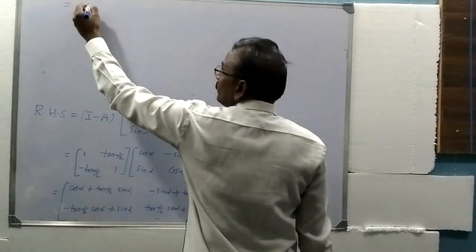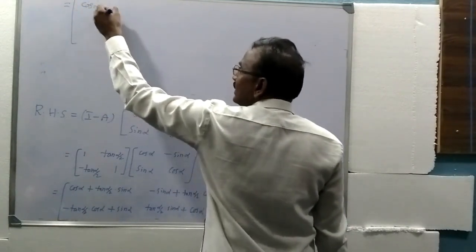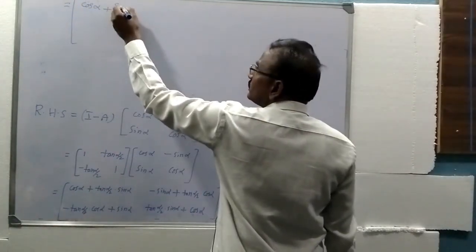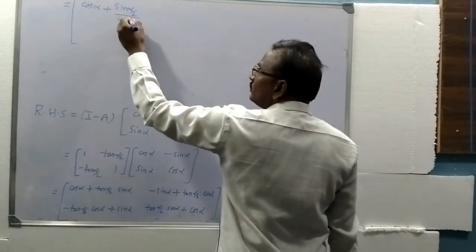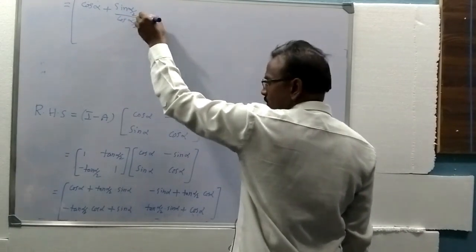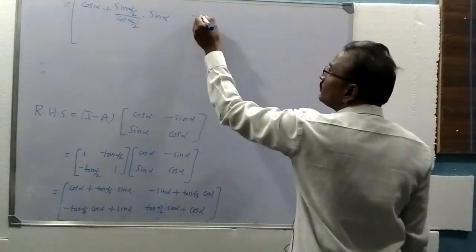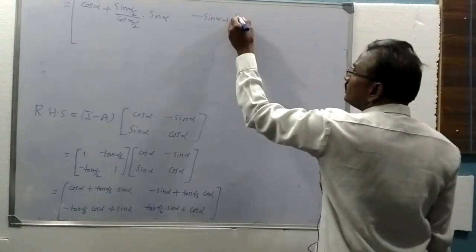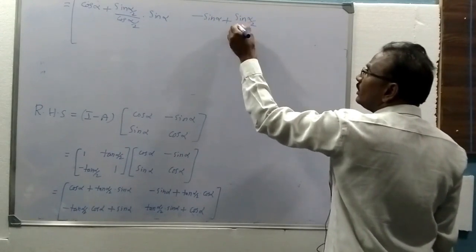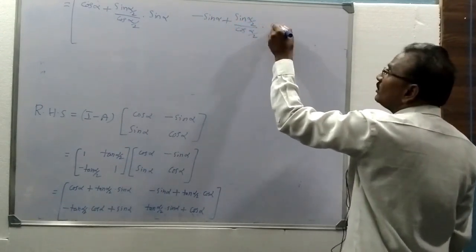So that is cos alpha plus tan alpha by 2, which is sin alpha by 2 divided by cos alpha by 2, into sin alpha. Next, minus sin alpha plus tan alpha by 2, which is sin alpha by 2 divided by cos alpha by 2, into cos alpha.